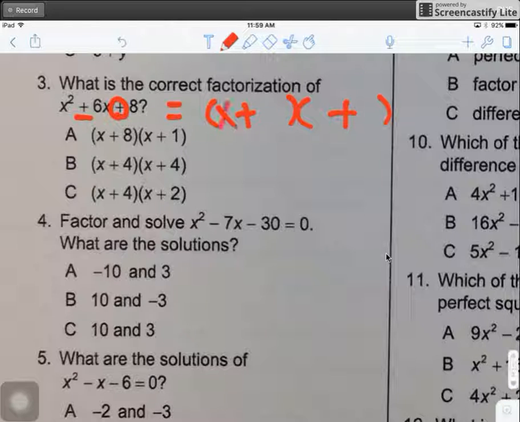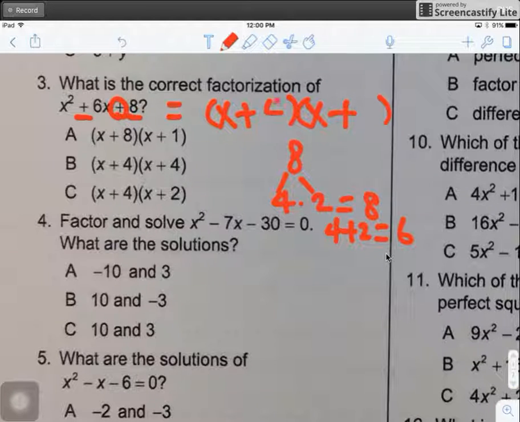And to get x squared, we have x and x. That's the only way to split it up. And so we need two numbers that multiply to get 8, but add up to get 6. So that would be 4 and 2, because 4 times 2 is 8, and 4 plus 2 is 6. So that would be 4 and 2, and it looks like C is the correct answer.